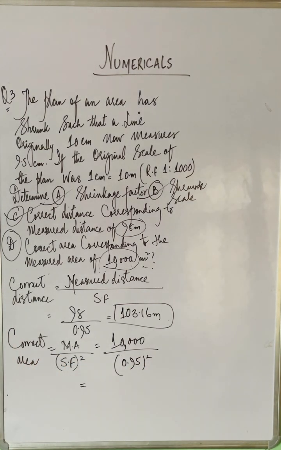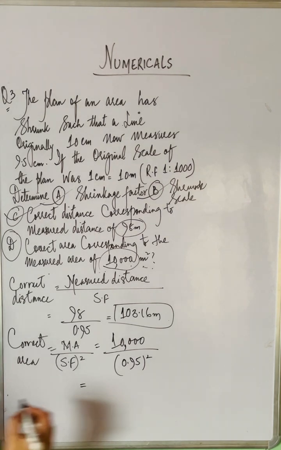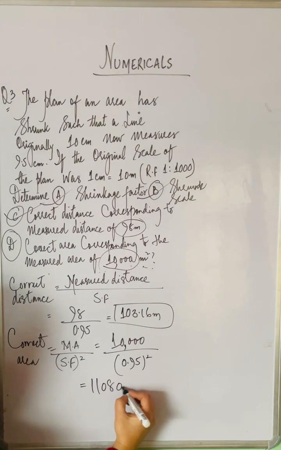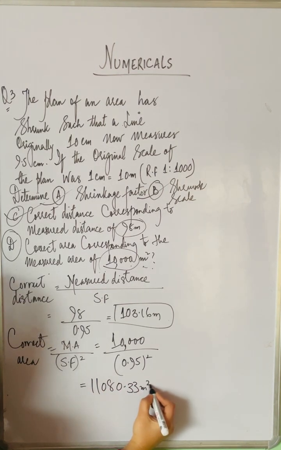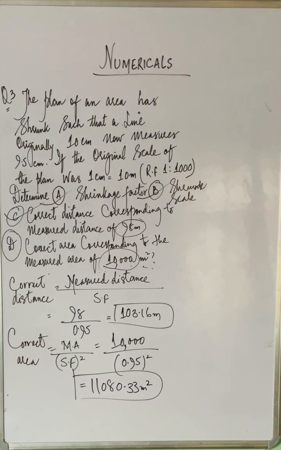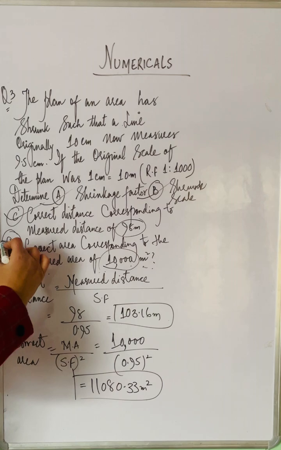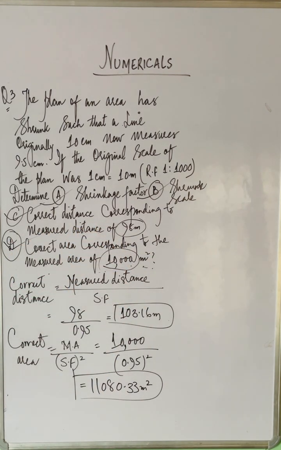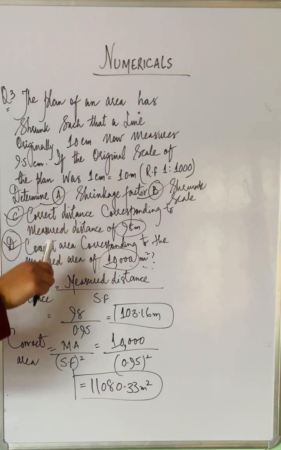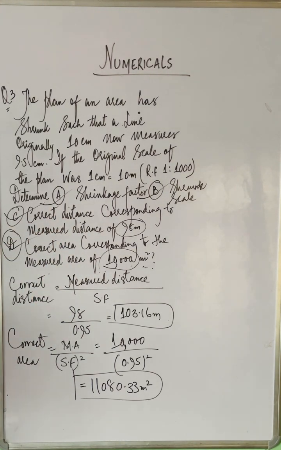And this will come equivalent to, so this is our correct area, right? And this completes the part 4 of the question, right? So we calculated shrinkage factor, we calculated shrunk scale, we calculated correct distance and correct area as well. Moving on.